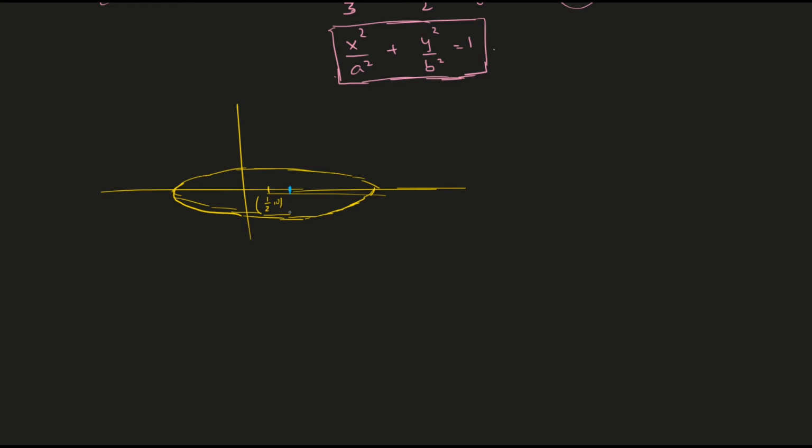So this is the center of that circle. Now for a given value of k, that objective function would look like a circle like this. If I were to increase the value of k, that would make the circle a little bit bigger, right?